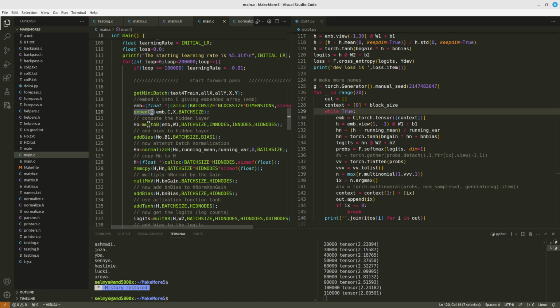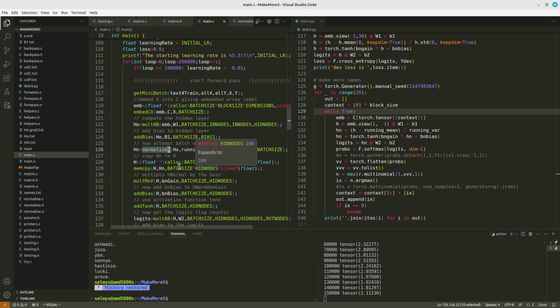I generate the hidden layer. HO is the hidden layer. It's just basically the embedded table times W1 plus B1. And then I do the normalization here, so I end up in this function to do the normalization.